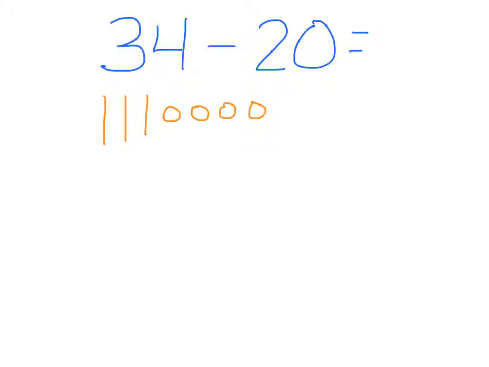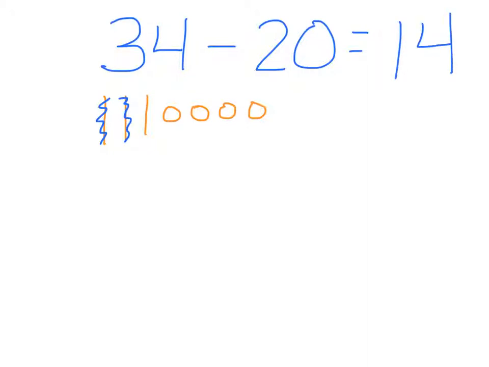So when I take away, I'm going to take away this one, and I'm going to take away this one. That's 10, 20. And then I can see how many I have left. Now I have 10, 11, 12, 13, 14 left.